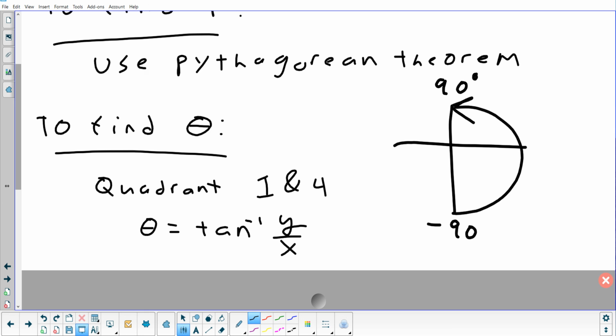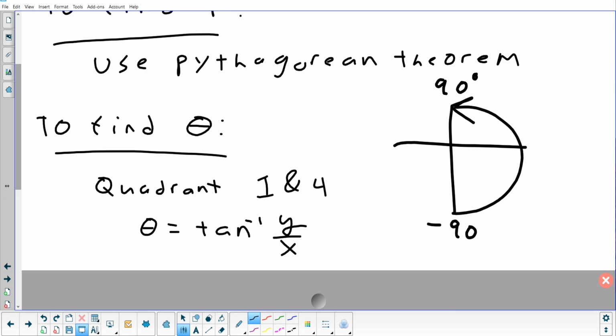What two quadrants does that mean inverse tangent always will give you an answer in? 1 and 4.